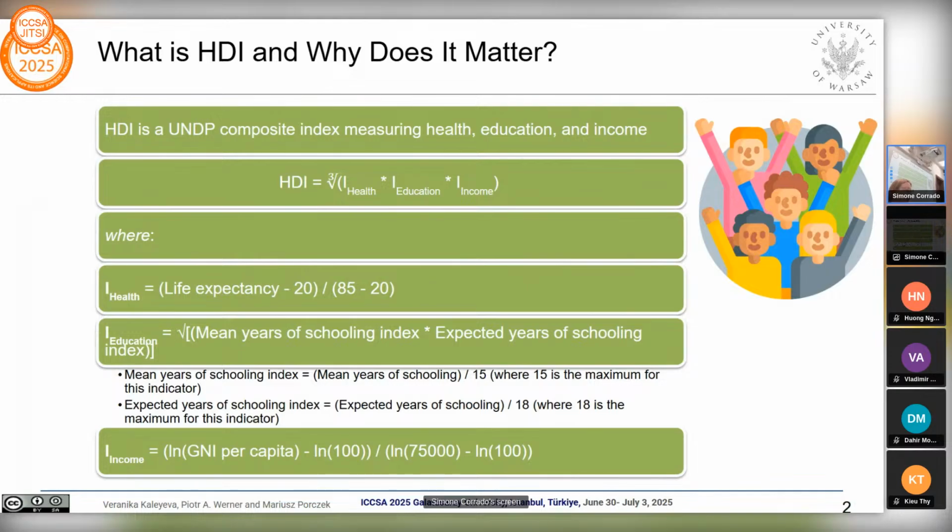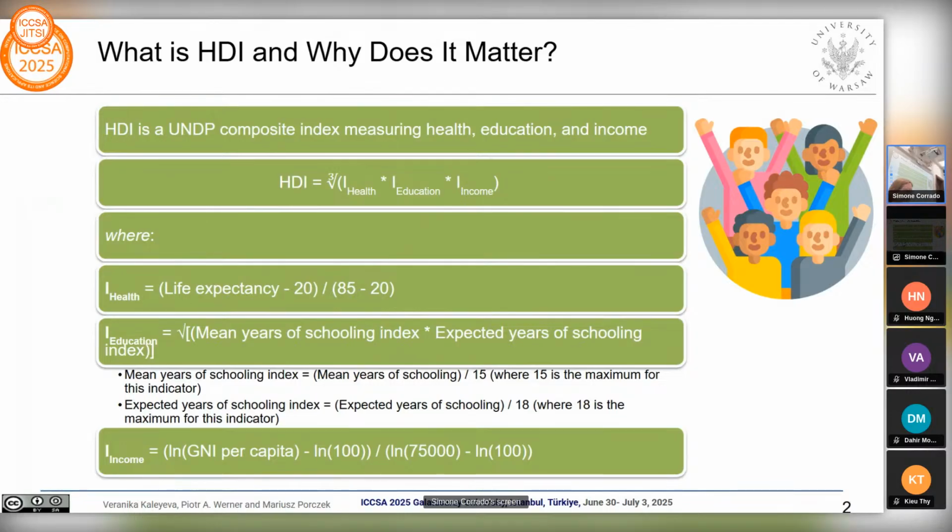The Human Development Index was created to emphasize that people and their capabilities should be the ultimate criteria for assessing countries' development, not only pure economic criteria such as GDP, for instance. So the Human Development Index is a composite measure developed by the United Nations Development Programme to assess long-term progress in three fundamental dimensions: health, income, and education.